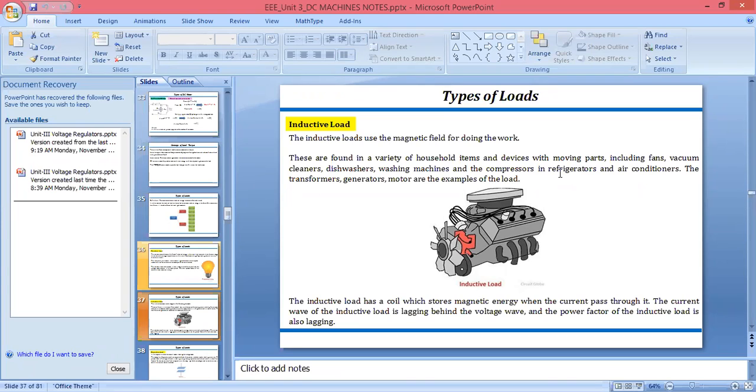So these are the inductive loads, because they are found in a variety of household items which have moving parts. When we give the power supply, the vacuum cleaner, dishwasher and washing machine start to rotate, and the refrigerator will give us coldness.